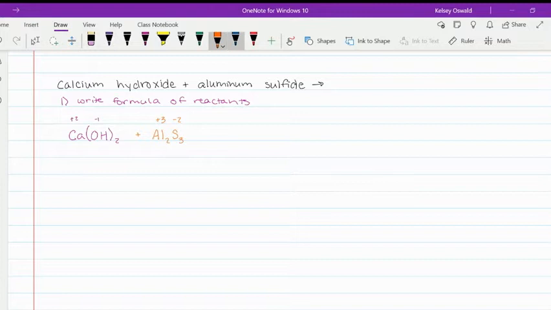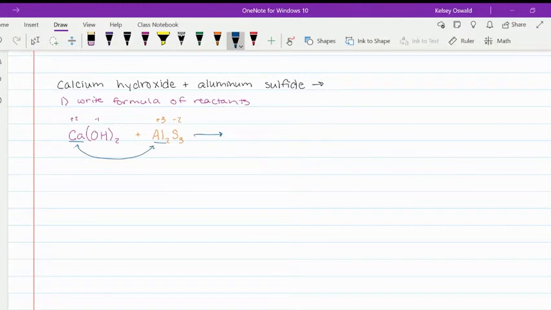Looking at this, we know this is a double replacement reaction because we are starting out with 2 different compounds. When we predict the products, our 2 positive ions, so we have to look at our charges to see who is positive, and that is calcium and aluminum, are going to switch.